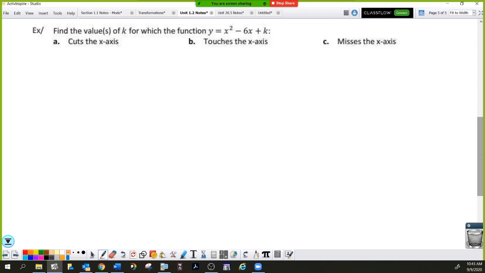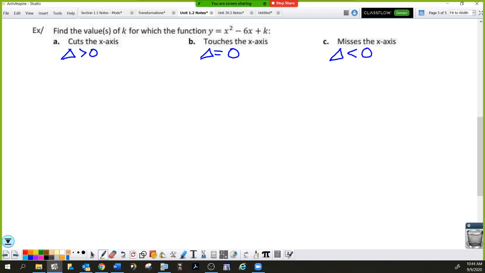It says find the values for k for which that quadratic cuts the x-axis, touches the x-axis, or misses it completely. So this cuts the x-axis: the discriminant is positive. This touches the x-axis: the discriminant is 0. And misses is going to be the discriminant is negative.